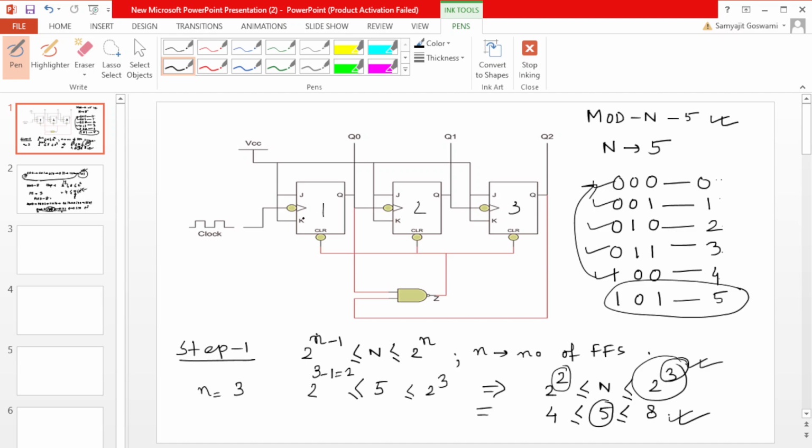Now we will see how we will skip the 101 position and how we will go from 100 to 000.